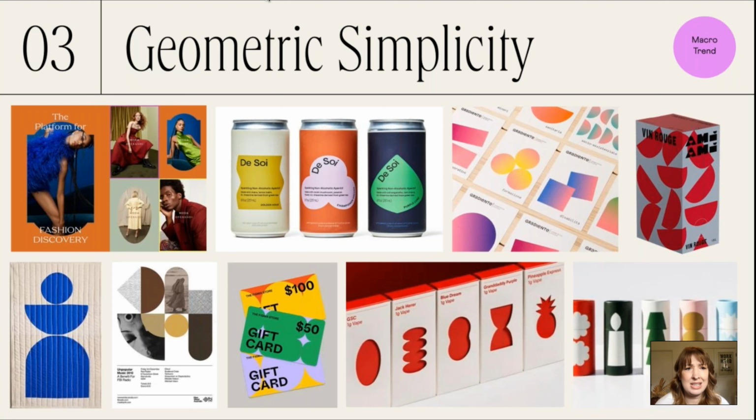And so seeing that in even interior design and in rug designs and textile designs, all the way through to packaging that we're seeing here, and the packaging being all about a single shape, for example, and then even using it as masks. So we're seeing that in digital design and web design, that these shapes become masks for a lot of imagery as well.